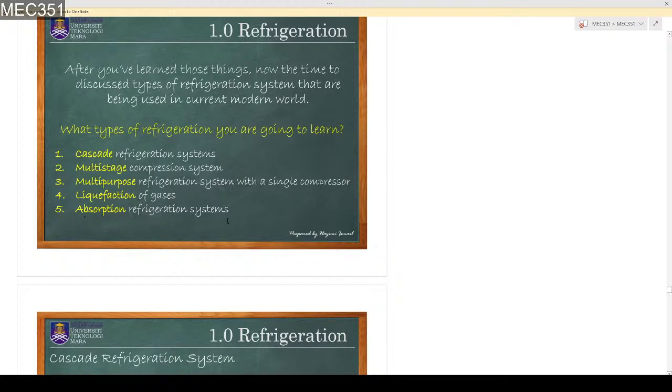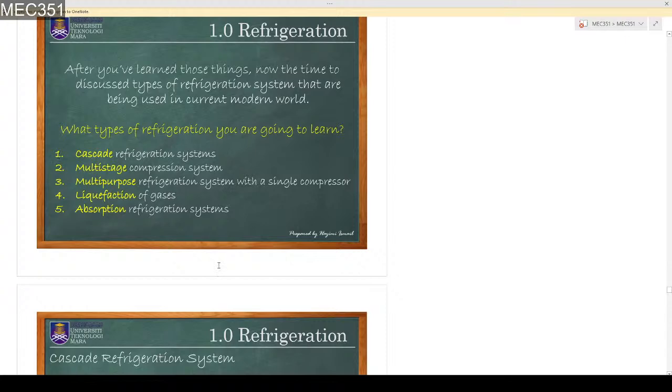These are just examples. Maybe there are many more, but for our syllabus, we only learn about these 5 types of refrigeration. In previous semesters, normally there are 2 types that you have to focus on more: cascade and multi-stage.